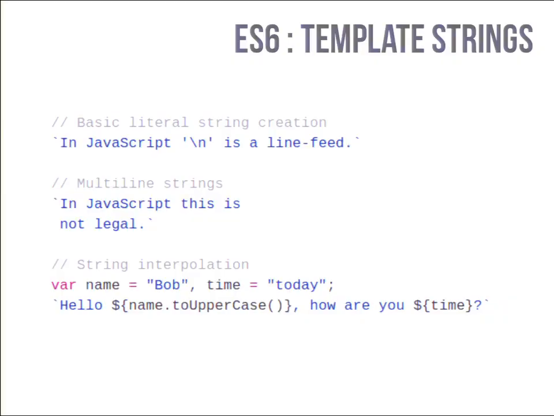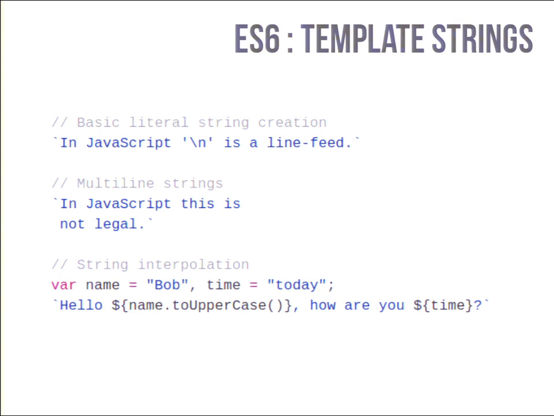One really nice thing about ES6 is template strings. It's a new kind of string where you can replace stuff within the string from variables that are in scope. The first line is just a usual JavaScript string, nothing changed. The second one shows you that you can have a new line within your string, and it won't crash your JavaScript, which is nice.